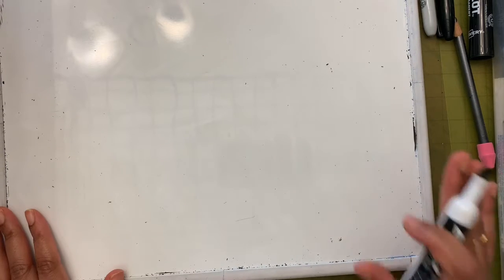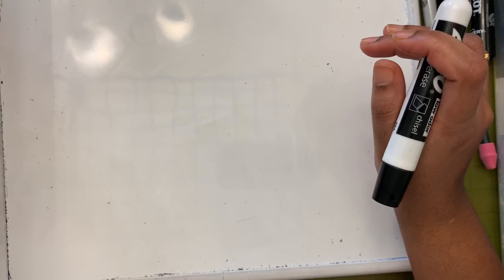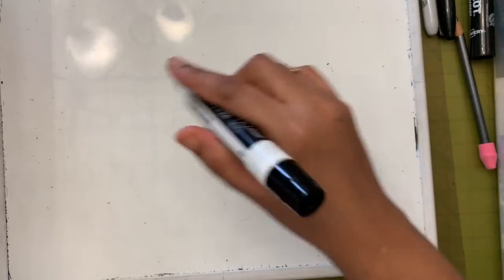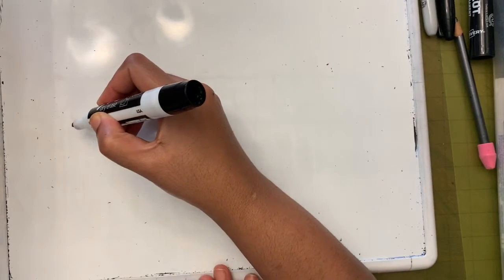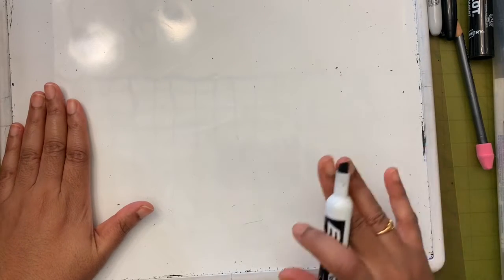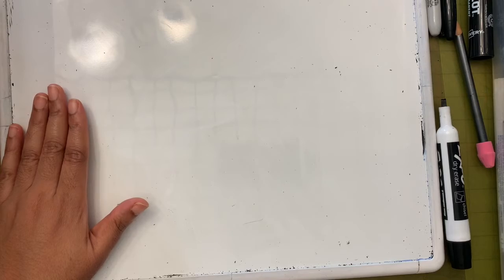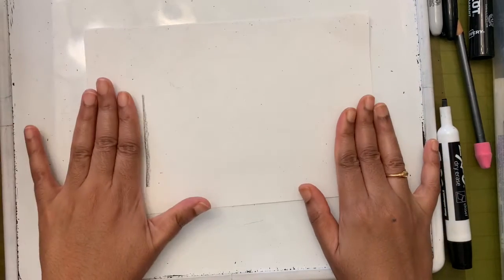So let's draw a big curvy line or a rainbow, okay? I'm going to draw a big rainbow. This is the whiteboard, right? If it is the paper, we'll be placing the paper this way.